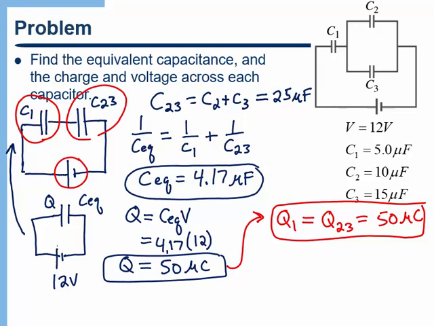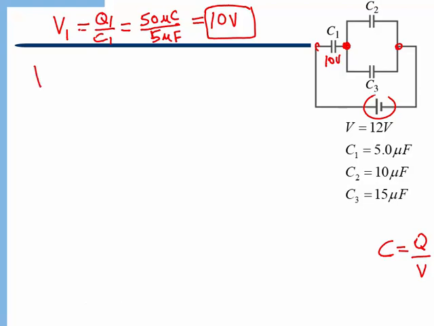So that's how we know the voltage across C23. If the voltage across C23 is 2 volts, then that's also the voltage across C2, and that's also the voltage across C3, again because of our basic rules of how parallel circuits work. So we've now found that the voltage across capacitor 2 and the voltage across capacitor 3 are equal to 2 volts.